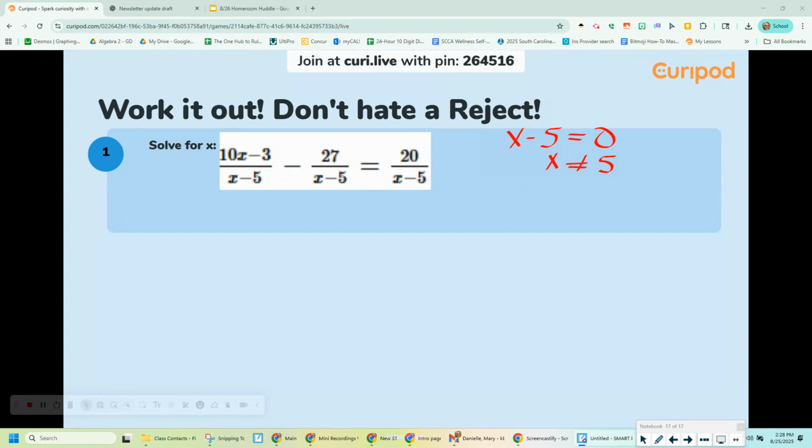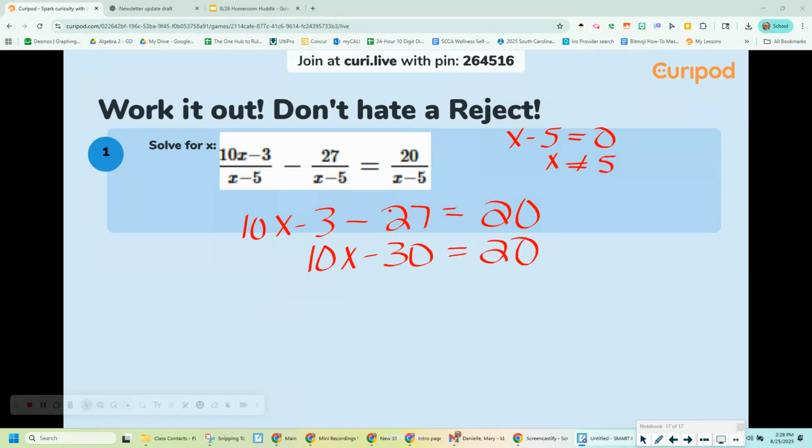They all have the same denominator, so I don't have to do any multiplication here. I can simply set the numerators to each other and do my like terms. Add 30 to both sides.